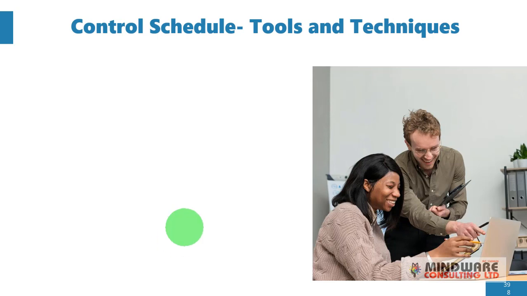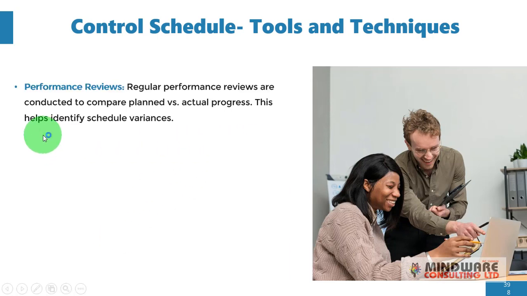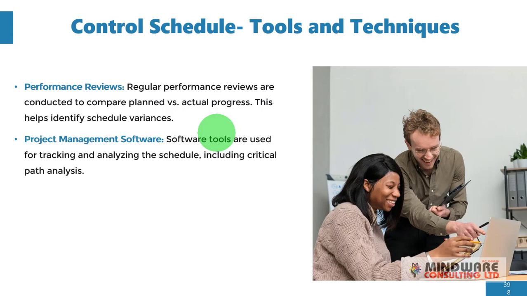So let's look at the tools and techniques for this process. First, we have performance reviews. Regular performance reviews are conducted to compare planned versus actual progress. This helps identify schedule variances, and when you identify variances, you can address them in real time. Then we have project management software, which includes software tools for tracking and analyzing the schedule, including critical path analysis.